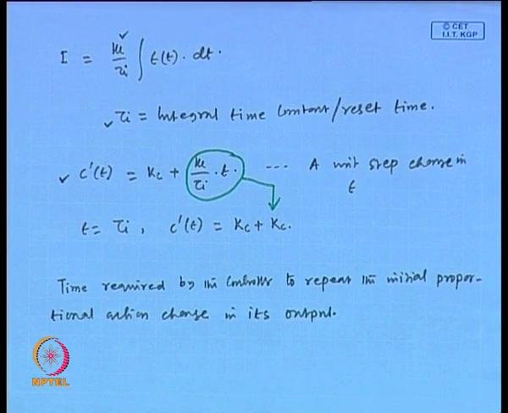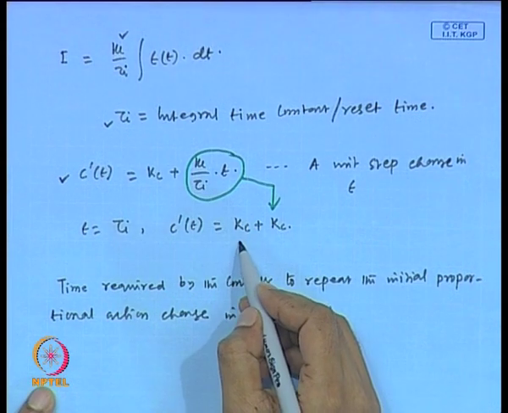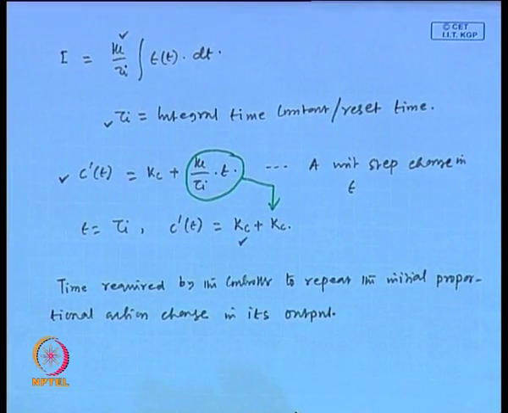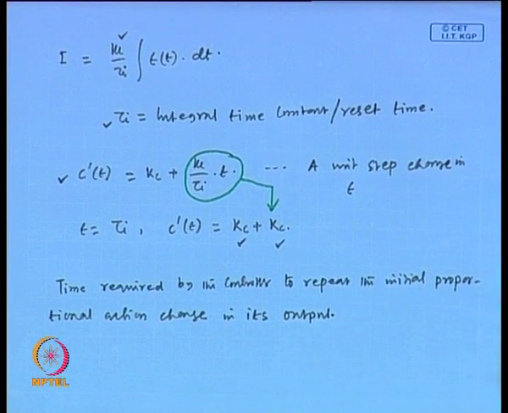You see that initially we had one proportional gain, that is Kc. Now, due to the addition of the integral term and considering time equals tau I, we are getting another proportional action, and therefore, we can say that the reset time is the time required by the controller to repeat the initial proportional action change in its output.